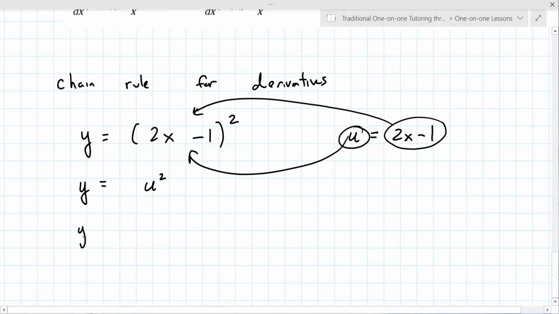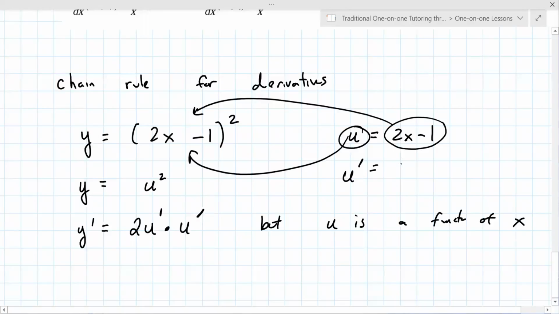So the derivative here is 2u. You follow that, 2 to the 1, but u is a function of x. So that means there's a derivative here of u prime. You have to take the derivative of this thing here.